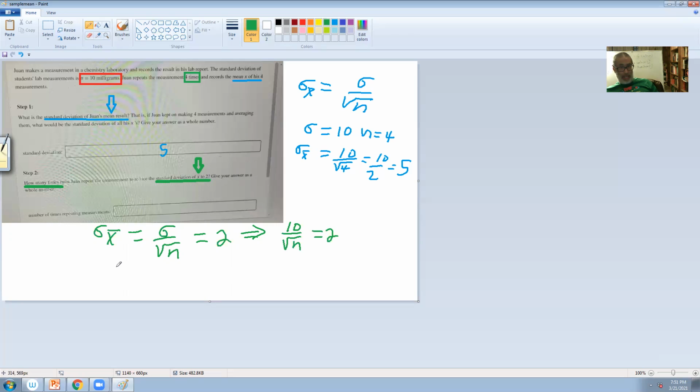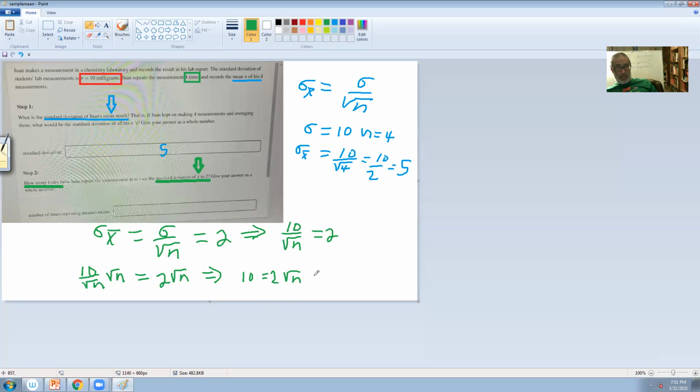Algebra doesn't have to be that complicated. What we can do is multiply both sides by the square root of n. So we take the 10 over the square root of n, multiply it by the square root of n, equals 2 square root of n. The square roots of n divide out, so we have 10 is equal to 2 square root of n.